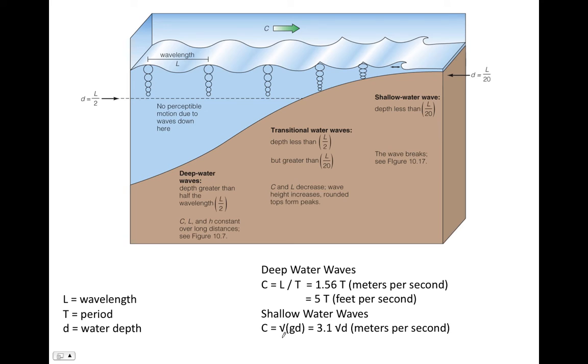That just gives you 3.1. And so the speed is equal to 3.1 times the square root of d in meters per second. So let's say the depth of the water was 4 meters. The square root of 4 is 2. 2 times 3.1 gives you 6.2. So the speed of a shallow water wave in 4 meter deep water would be 6.2 meters per second.